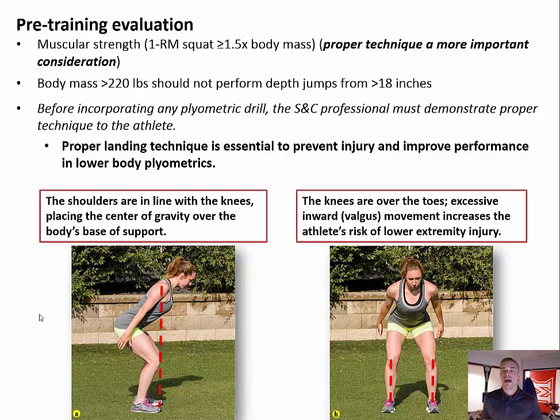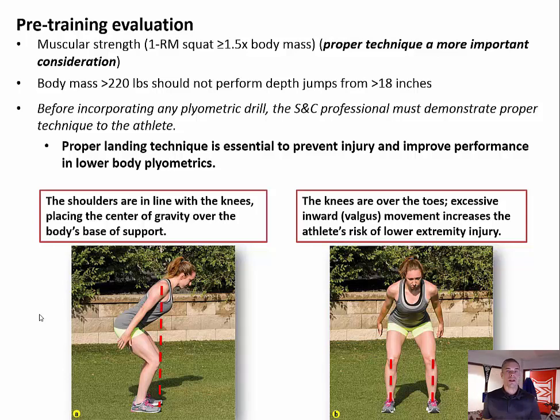Each sport and position has its own unique requirements, including the movements involved and also distinctive injury profiles and risk. Further, each athlete possesses a unique training status. Some athletes may be new to plyometric exercise, and some athletes may have previous injuries resulting in the modification of a plyometric training program. Now, each of these populations of athletes requires a different approach to plyometric training.